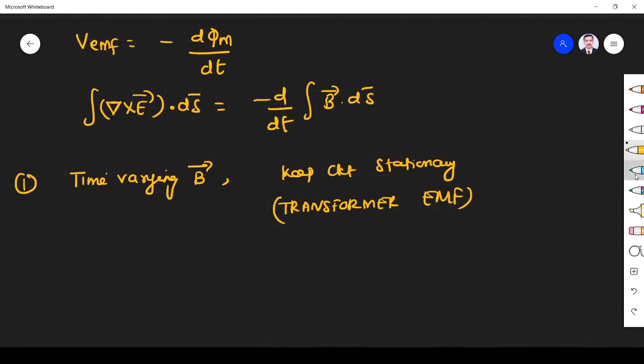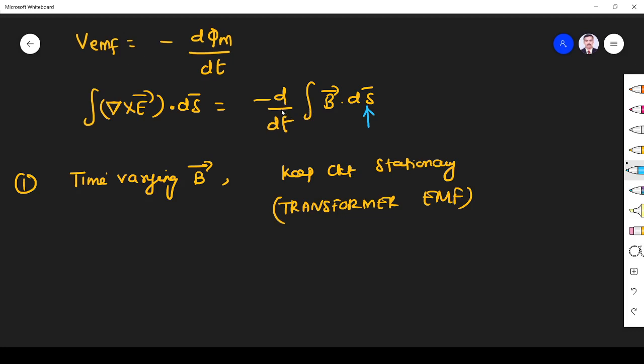Here you see, what is the condition we are going to use? We are going to change flux with respect to time, but the circuit will be stationary. So the surface area, that is the circuit area, must be kept static, whereas B should be changed with respect to time. Out of these two parameters, only one is varying with respect to time.